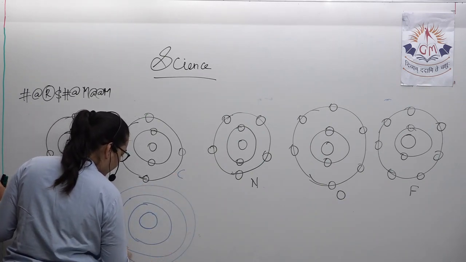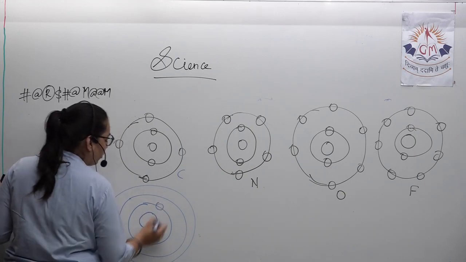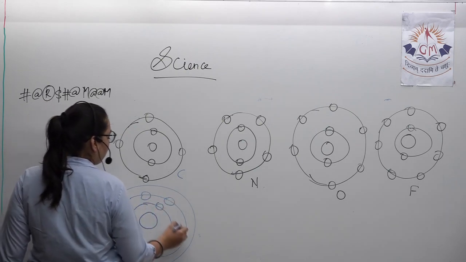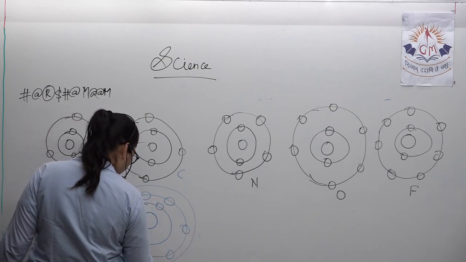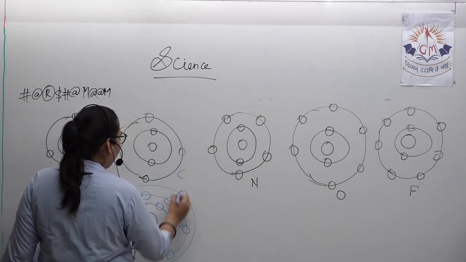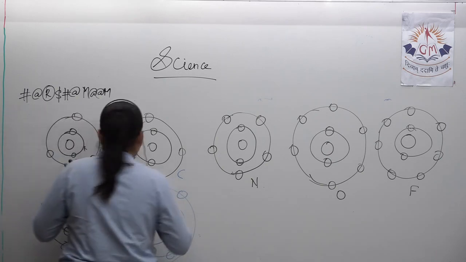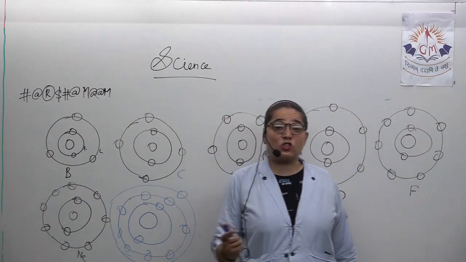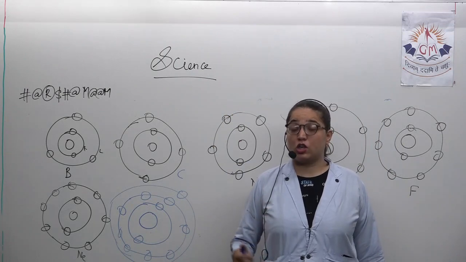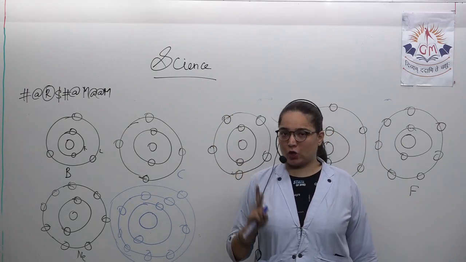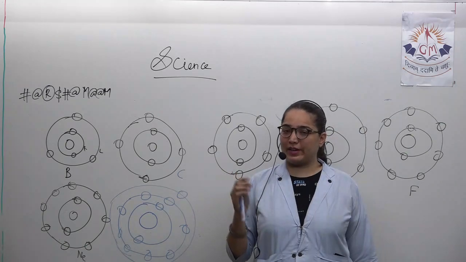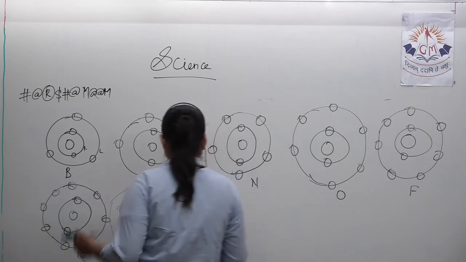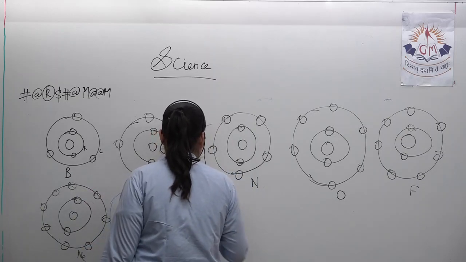So first orbit 2 electrons, next orbit 8 electrons. After that, in the last orbit, sodium will have 1 electron. Why? Because its atomic number is 11. It needs to adjust 11 electrons. So in the first orbit there will be 2, in the next orbit there will be 8, after that there will be 1. This is about the sodium.